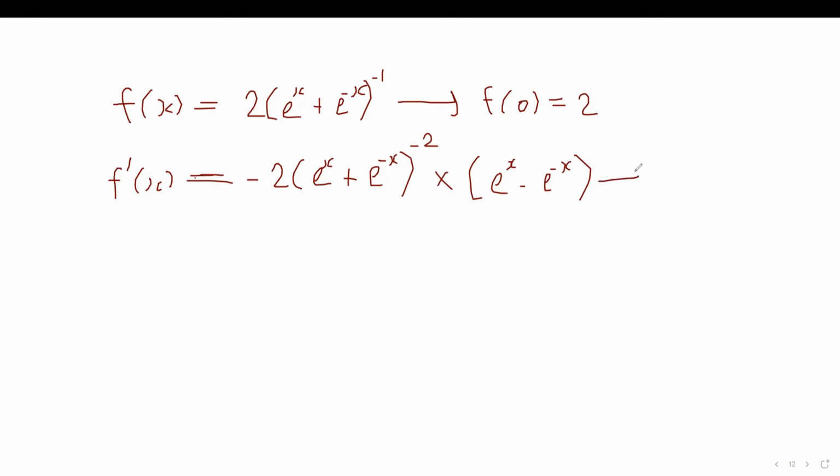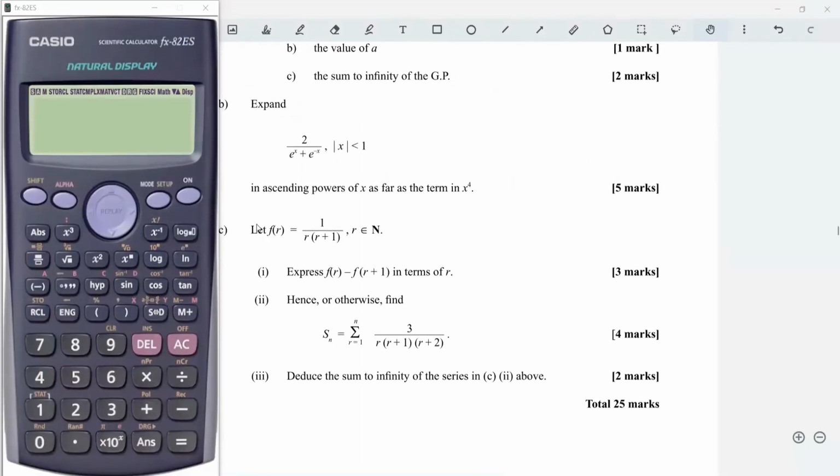I am getting 1. You get 1? Yes, sir. All right, you get 1. Who gets 1 there? e to the 0. Let me take out the calculator and check it.